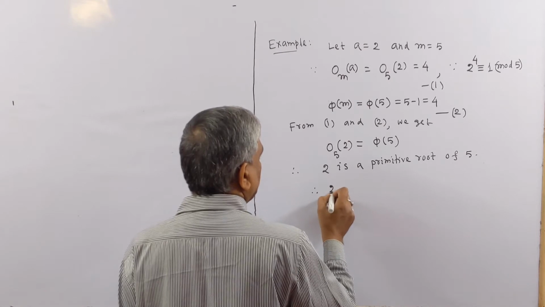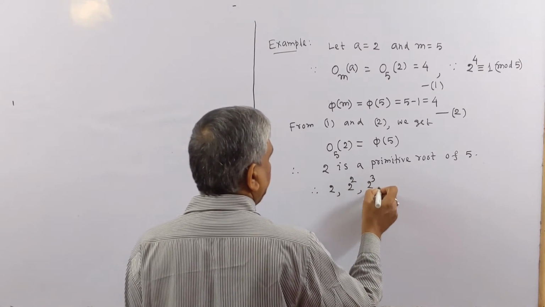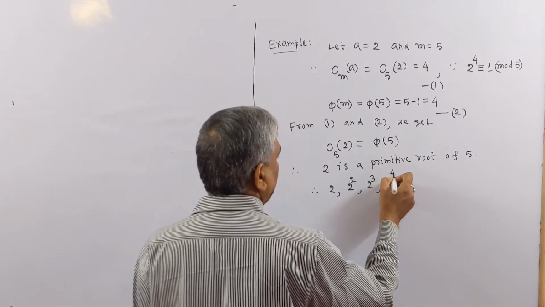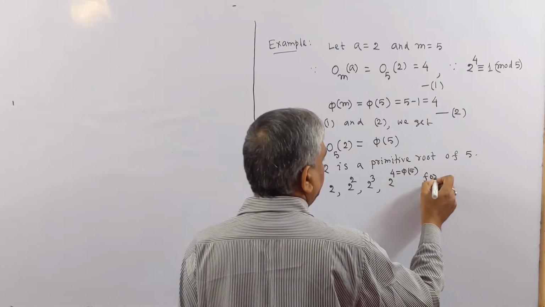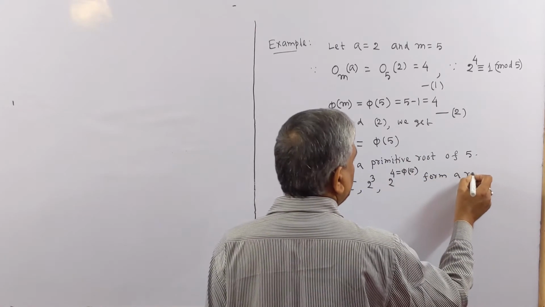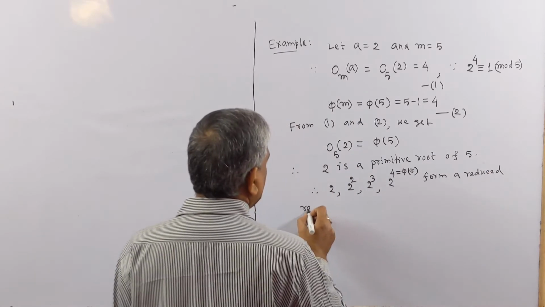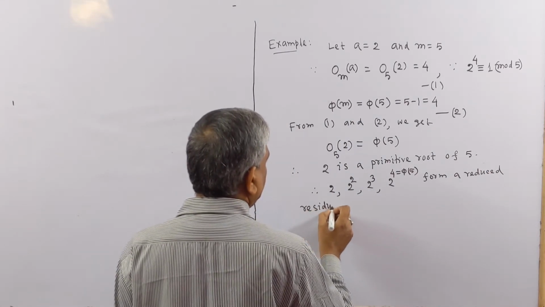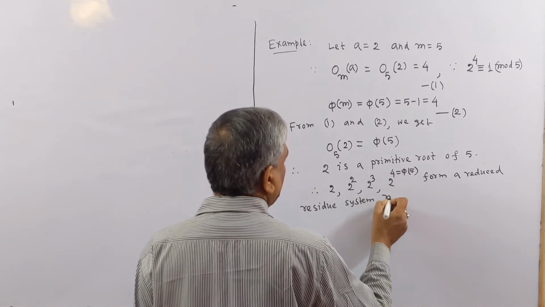Therefore, 2 square, 2 cube, 2 to the power 4 equal to phi 5 form a reduced residue system modulo 5.